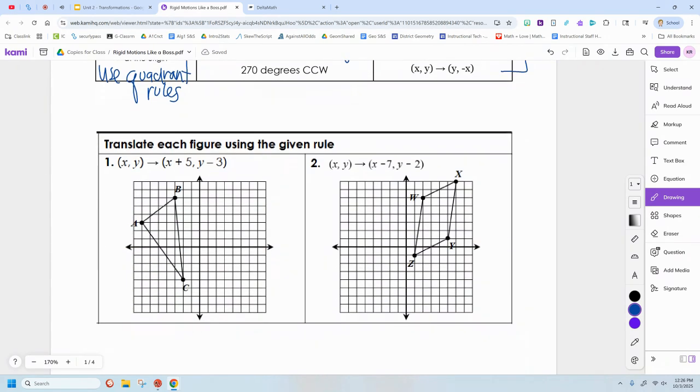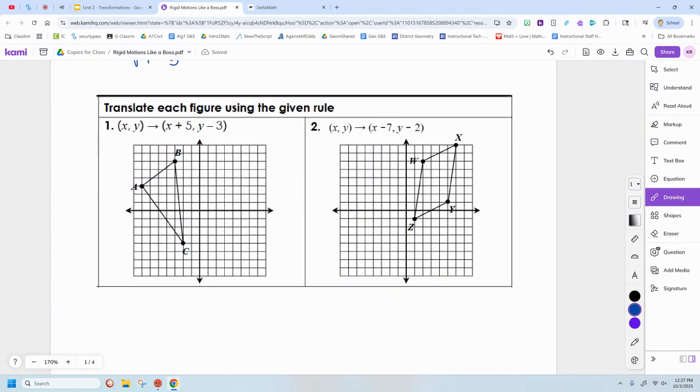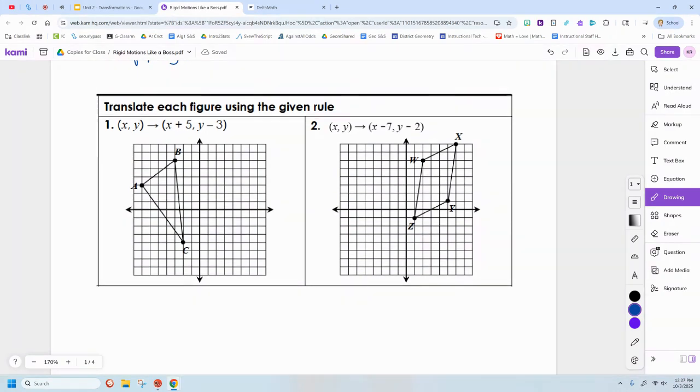But here we go. For translating, you have two options. I like to just work on the grid, and I will just move each vertex.